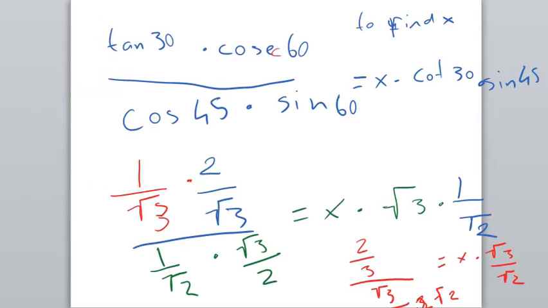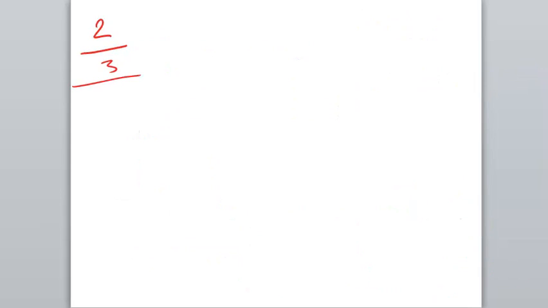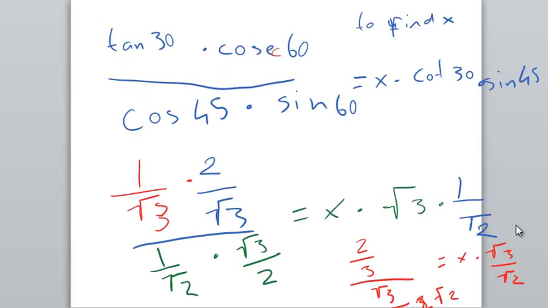Right, it's now time to continue. There's no more space, so that would be 2 over 3 over root 3 over 2 root 2 is equal to root 3 over root 2 x. Is that right? Yep.